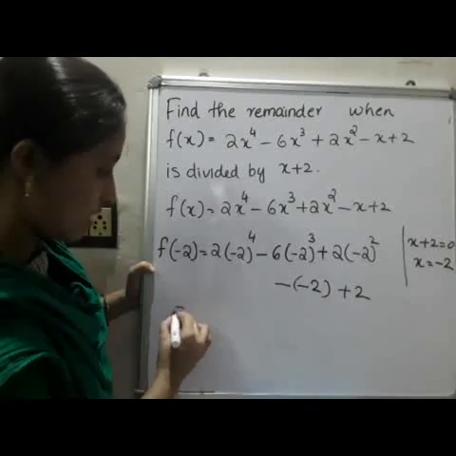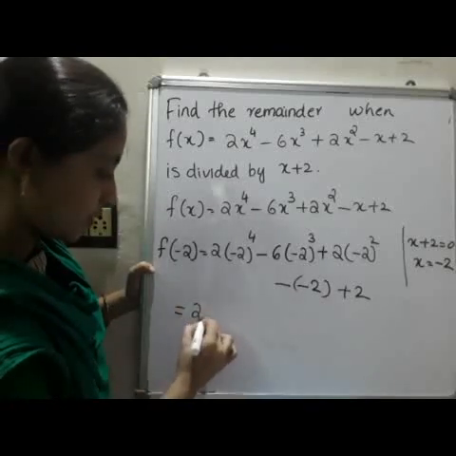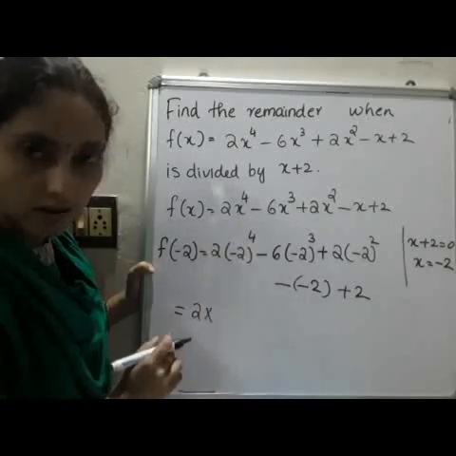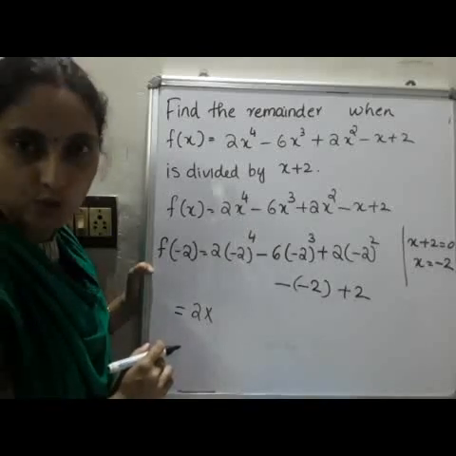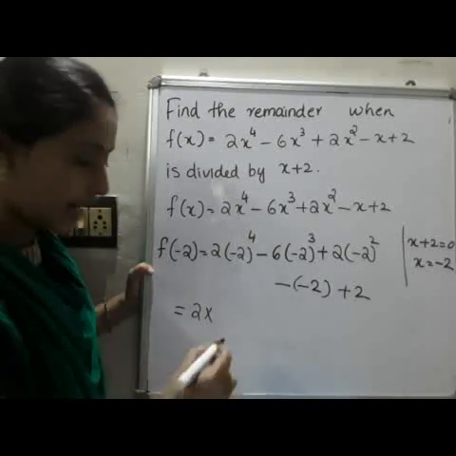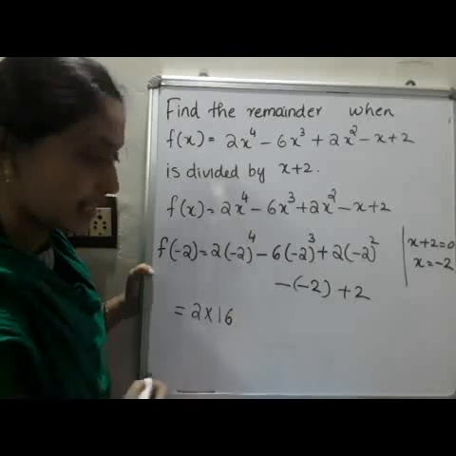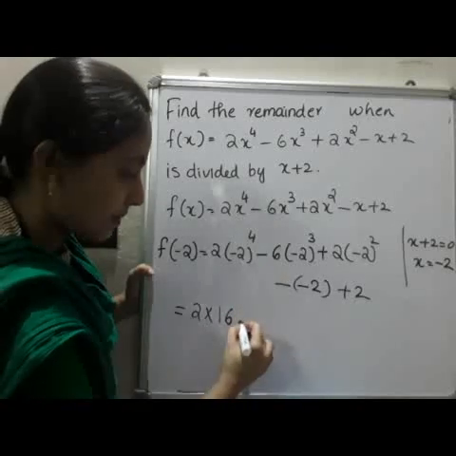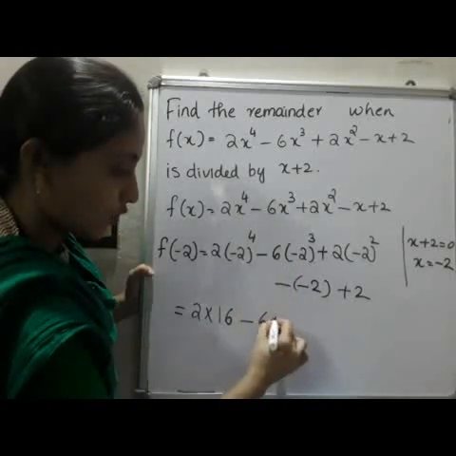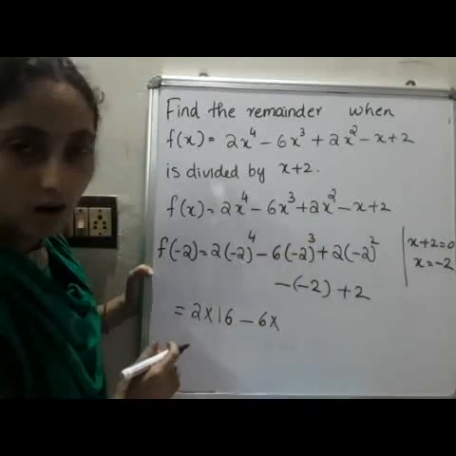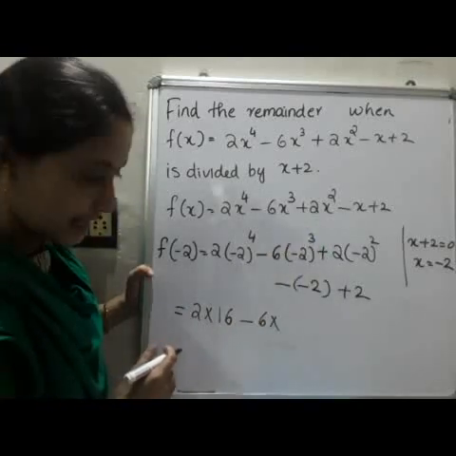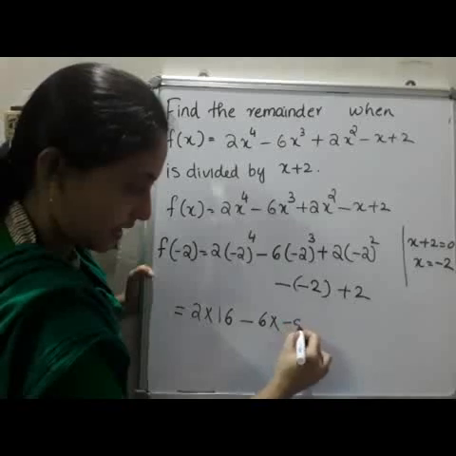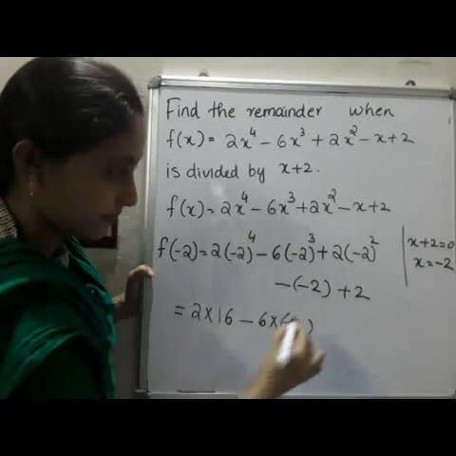Okay, so that is equal to 2 into minus 2 the whole raised to 4. Minus 2 into minus 2 into minus 2 into minus 2. What is that? Yes, plus 16. Okay, then minus 6 into, what is minus 2 the whole cube? That is minus 8. Okay.